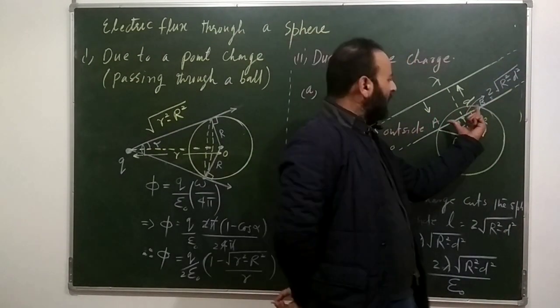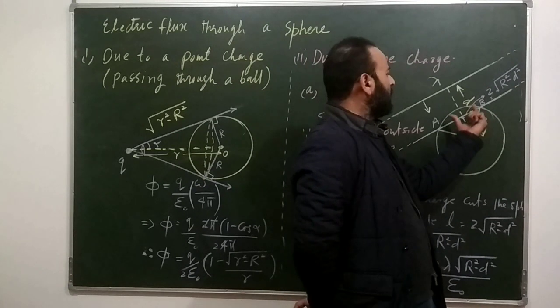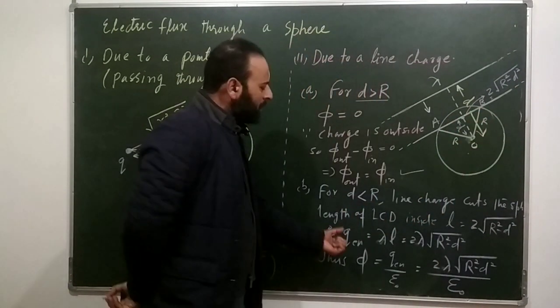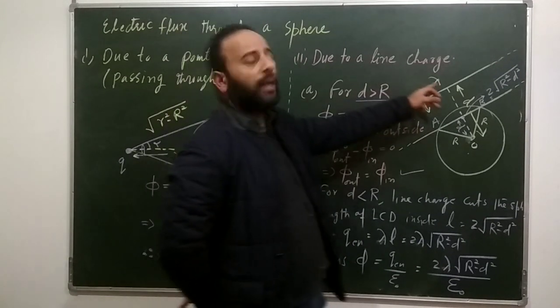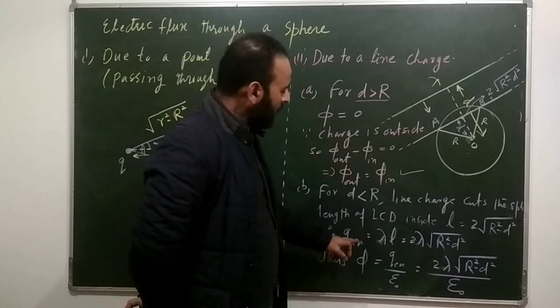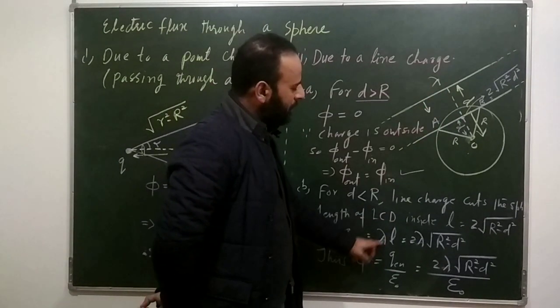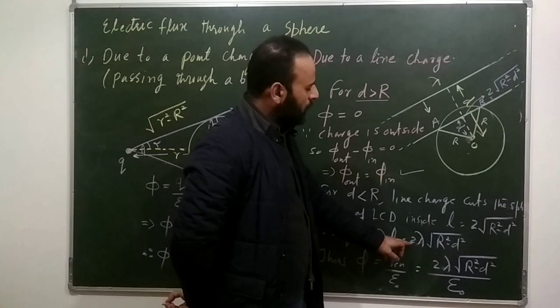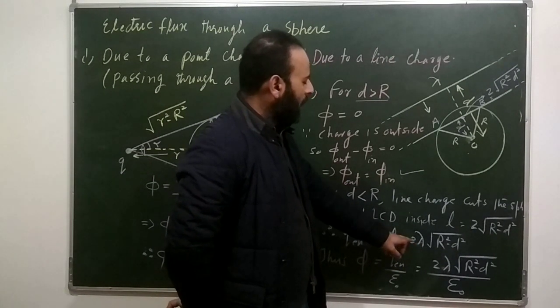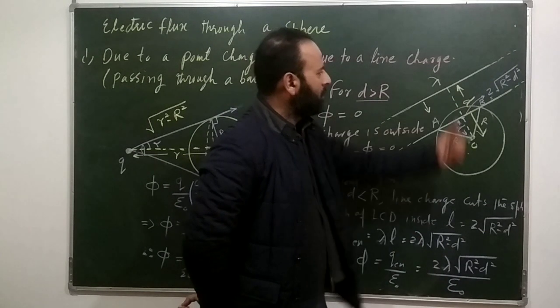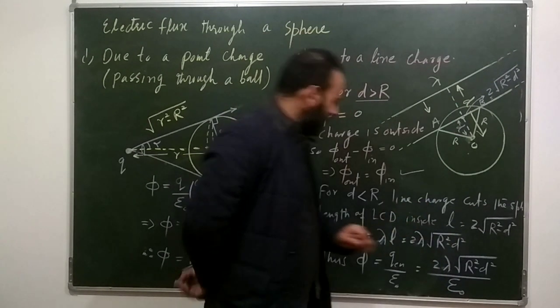If this is the length of the linear charge inside the sphere and lambda is the linear charge density, then the charge enclosed Q enclosed is lambda times L, that is 2 times the square root of r squared minus d squared times lambda.